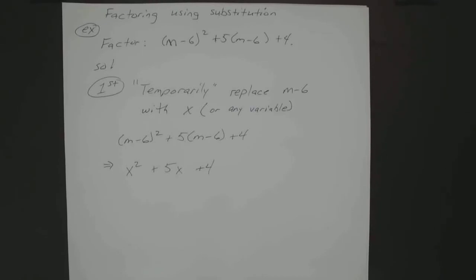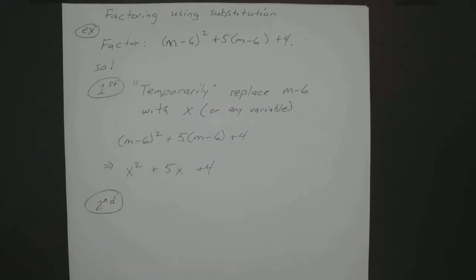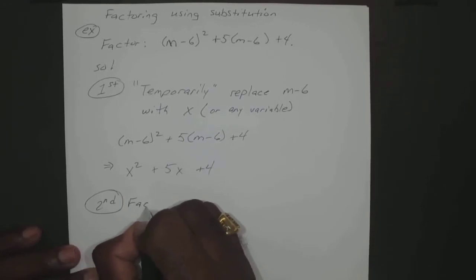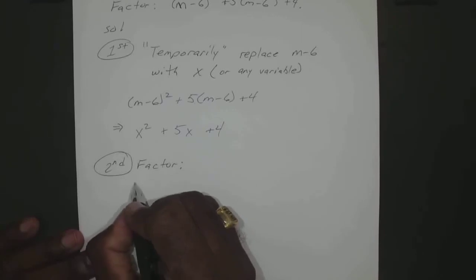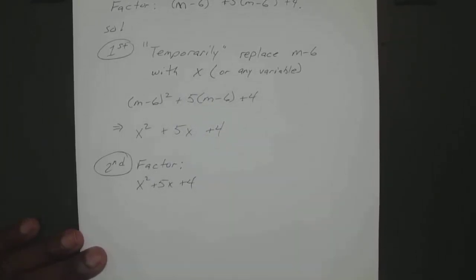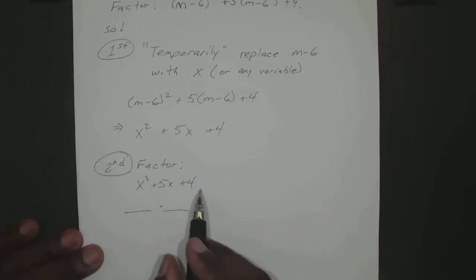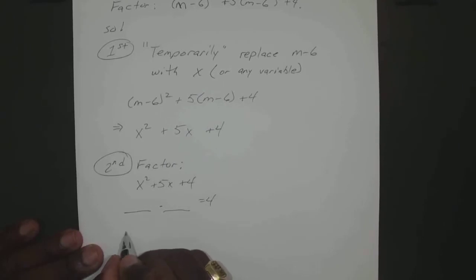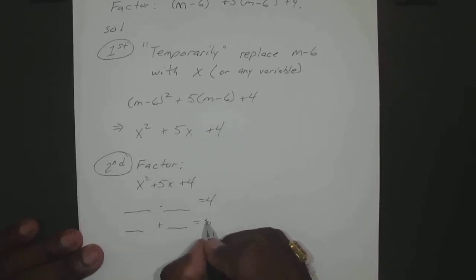Okay. So now this looks a little easier to handle. Now your second step is just going to be to factor like you normally would. So x squared plus 5x plus 4, you have to find two numbers that multiply to equal your c, and those same two numbers add to equal your b.